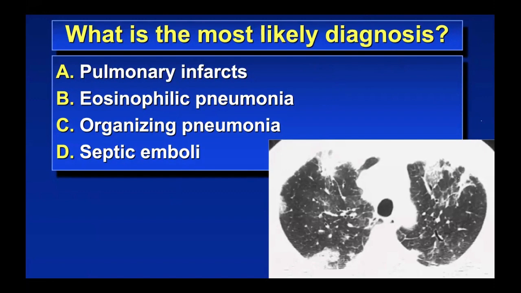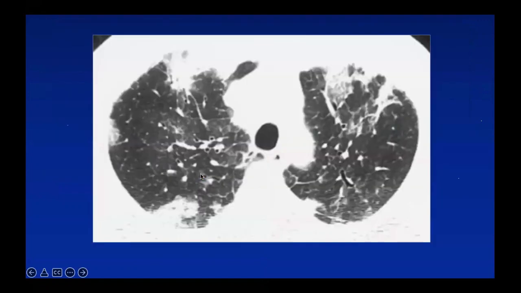The only thing is eosinophilic pneumonia is associated with peripheral eosinophilia, and we will get the same appearance as this, but organizing pneumonia is more common, like cryptogenic organizing pneumonia.